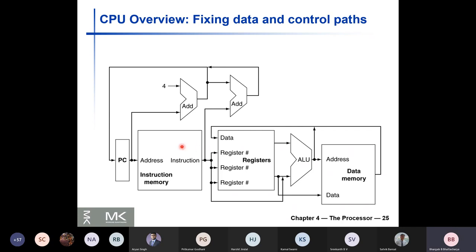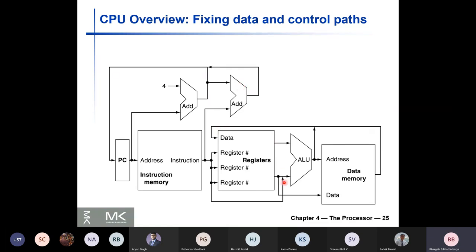In the instruction, there are some fields which give you the address information of the label when you have a branch instruction. That information has to be extracted and added to PC plus 4 to get the target address of the jump or branch. That's why you need some kind of hardware here. We'll talk about this in more detail later on.